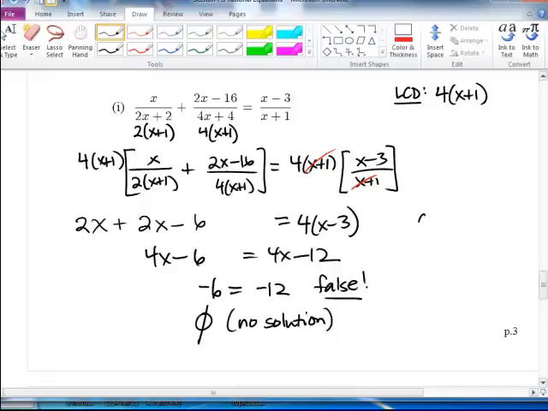A contradiction is anytime the variables disappear and what's left is a false statement.